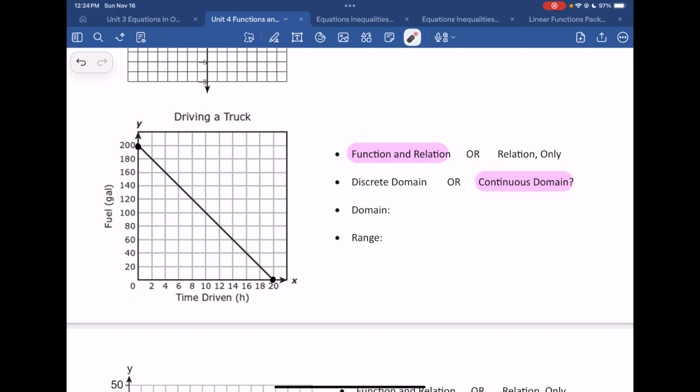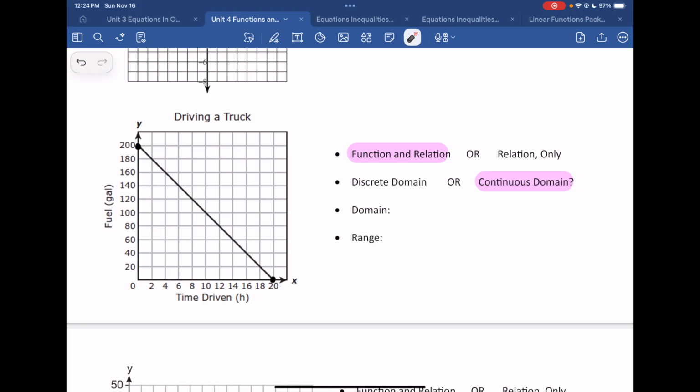Now, when the points are connected, when the domain is continuous, you can't list the domain and range because there's an infinite number of values that make up the domain and range. So you have to use either an inequality or an interval. So we will do both of them, okay?